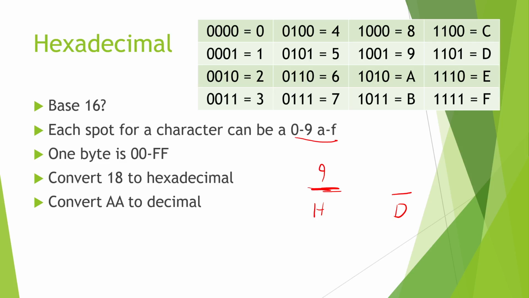It's the same. All right. So 9 is 9. In the world of hexadecimal, if I had a B here, what would that be in decimal? So if 9 is 9, and A would be 10, B would be 11.